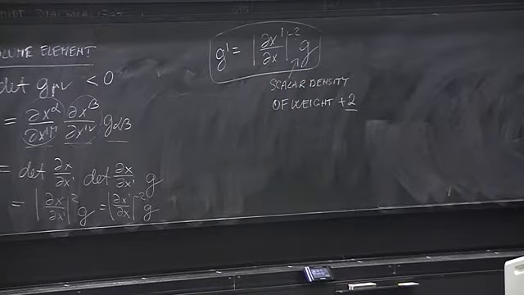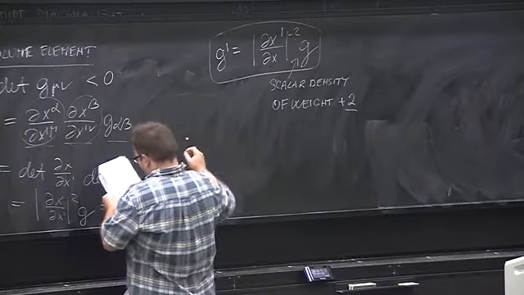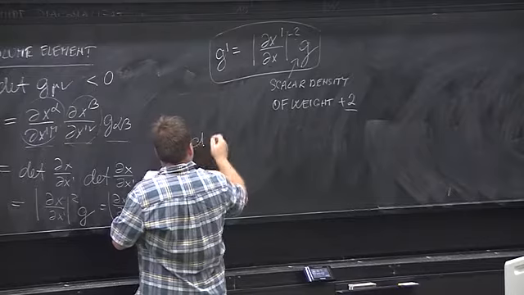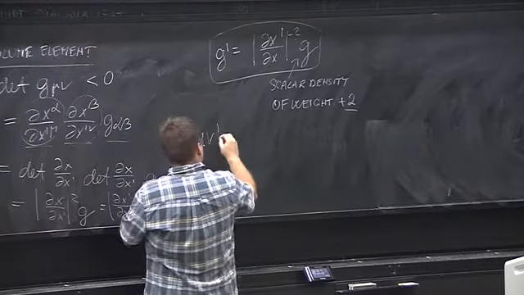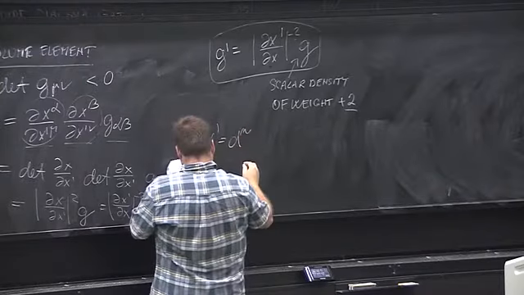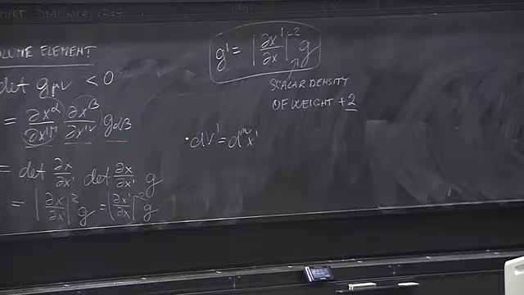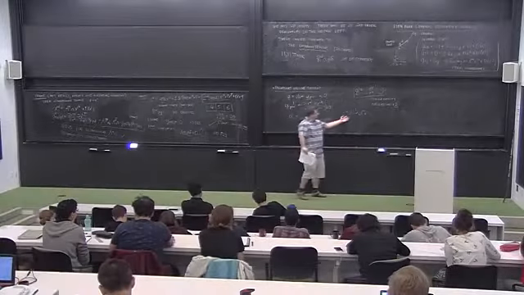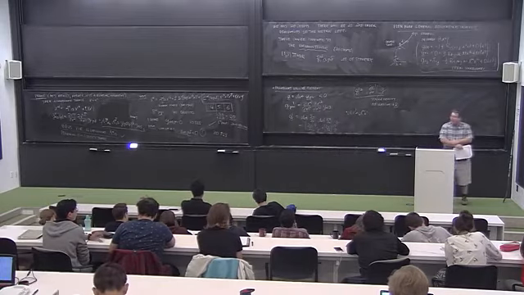So now let's look at how the volume transforms. If you take dV prime, let's say we are in n dimensions, in x prime, so this is in my new coordinate system, I have an n-dimensional measure or n-dimensional volume element in x prime.